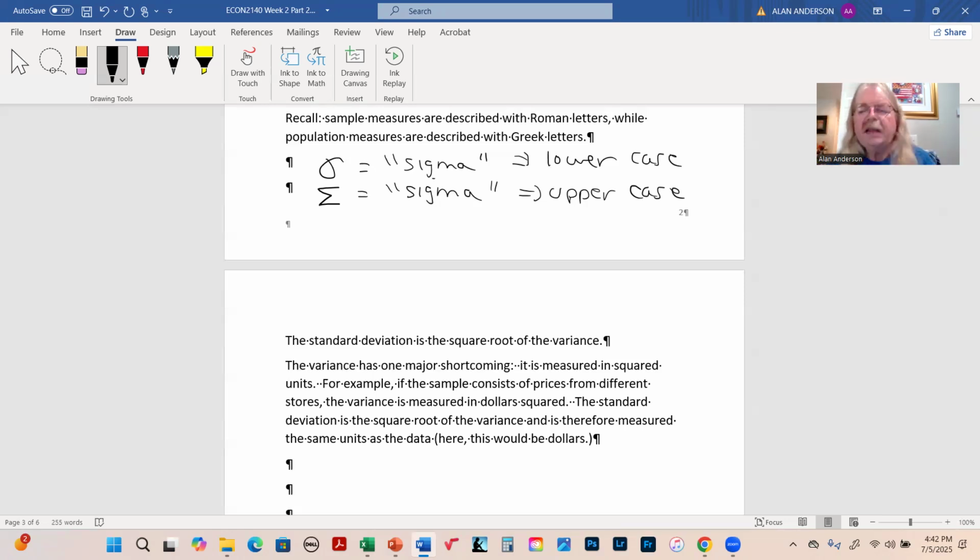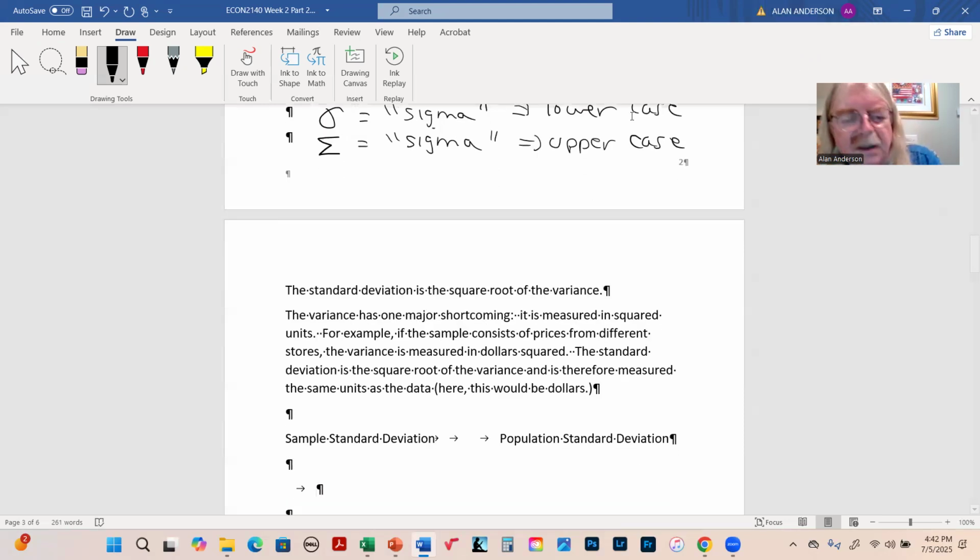So that being the case, the formulas, as you can see, will represent that. Here's the sample standard deviation. And here we'll have the population standard deviation. And let's take a look at them.